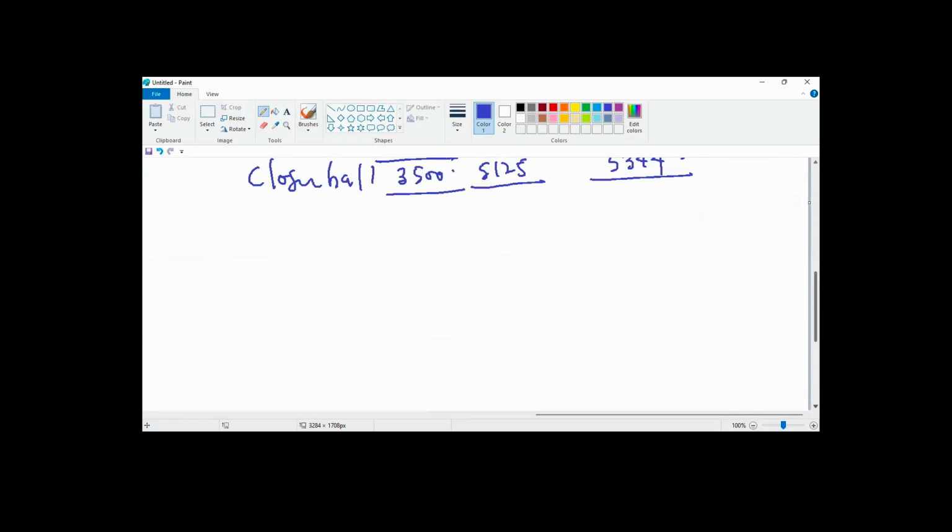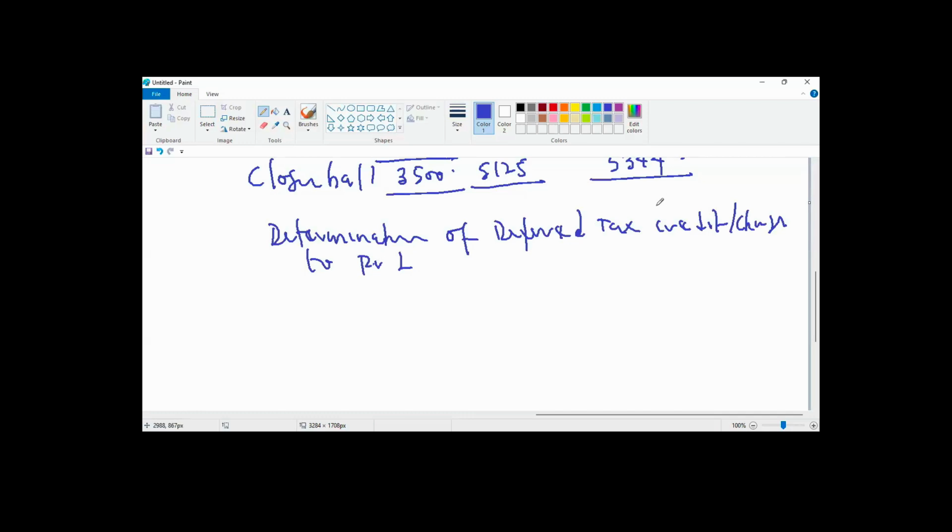Now, my brothers and sisters, know today: the determination of deferred tax credit or charge that goes to POL is only in 2 ways. Let me show you. Determination of deferred tax credits or charge to POL. Don't forget, another name for credit is income, and charge is expenses.